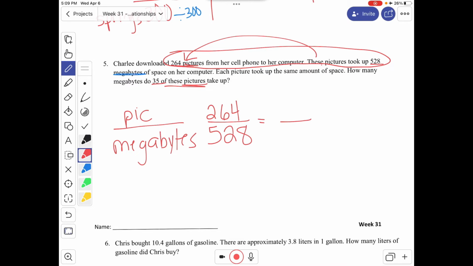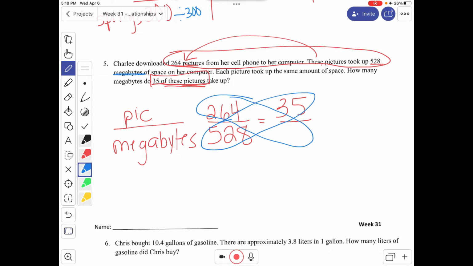And we're predicting for 35 pictures. I don't see a relationship, so we'll have to cross multiply. 264 times some unknown, that means 264 times n equals 528 times 35.